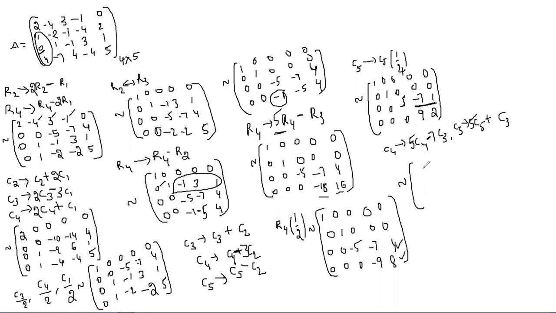We didn't change anything in the first column, so 1 triple 0, and next 0 1 0 0, and next 0 0 minus 5 0, and next here it is 0 0. Here it is 5 into minus 7, minus 35 plus 35, that is 0.